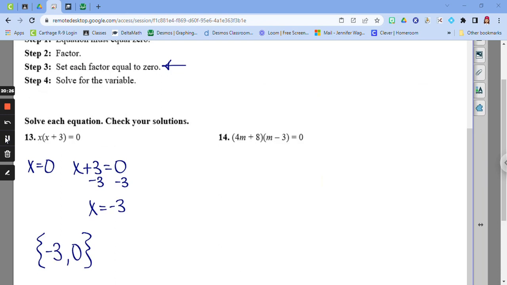So number 14 is also factored already. So I just set each factor equal to 0. On the first one, subtract 8. Then divide by 4.